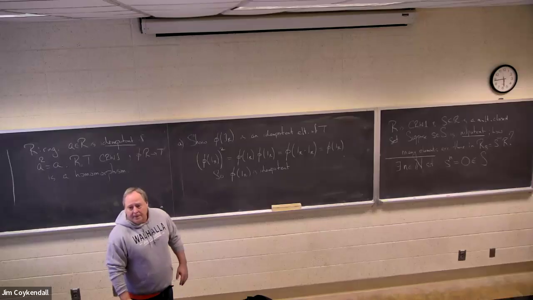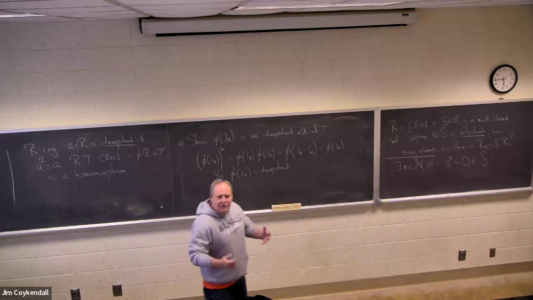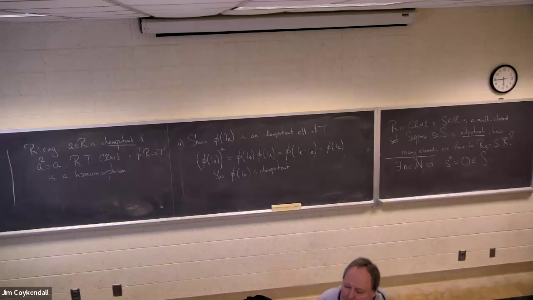Yes. You just said that it's a homomorphism, so doesn't that say phi of 1R is 1 of T? No, because I know what you're saying, because I said that that's usually the way I define things, right? But here I didn't.